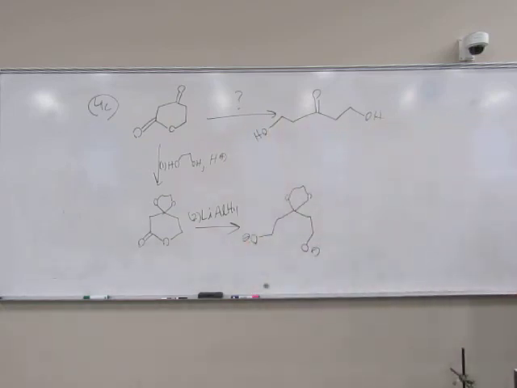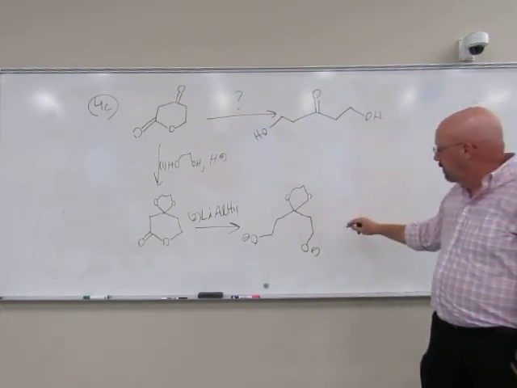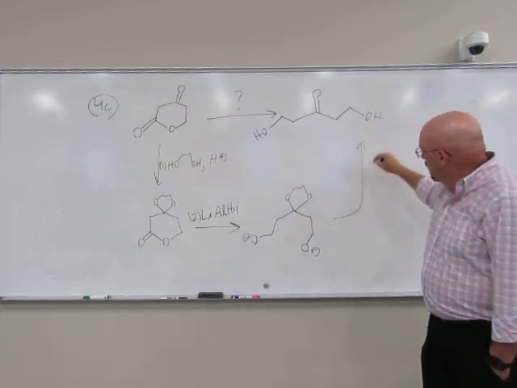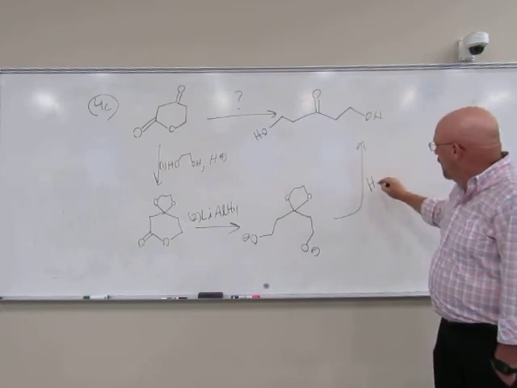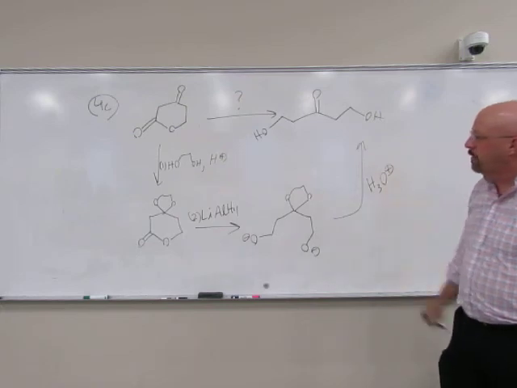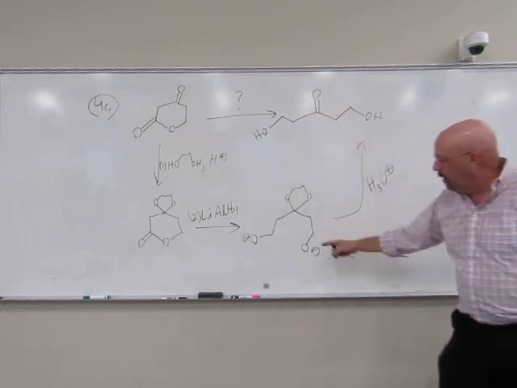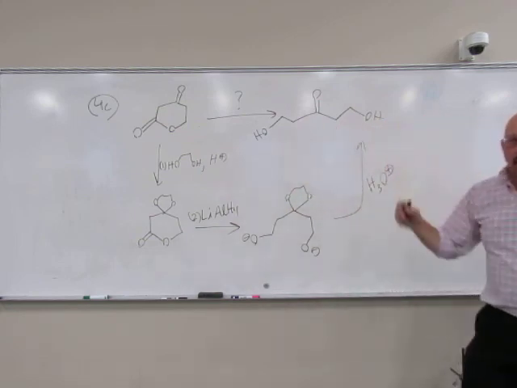We'll be left with the negative charges, so we need to acidify those to get the alcohol. We can use acid, but we also want to take off our protecting group, so acid water will do that. That removes the protecting group, we get the ketone back, and that protonates the two oxygens and gets us alcohols.